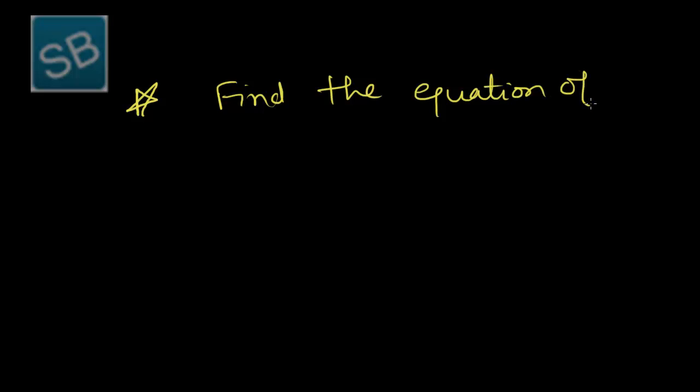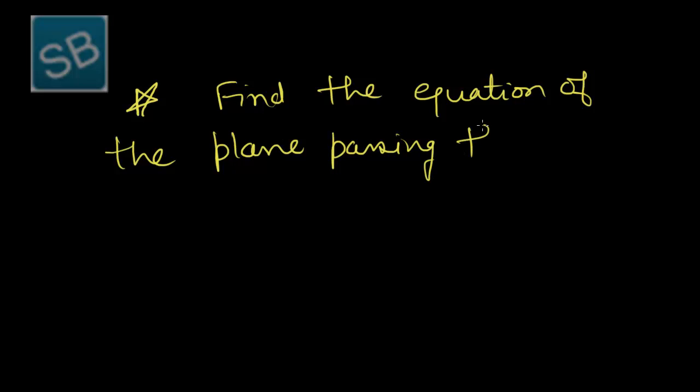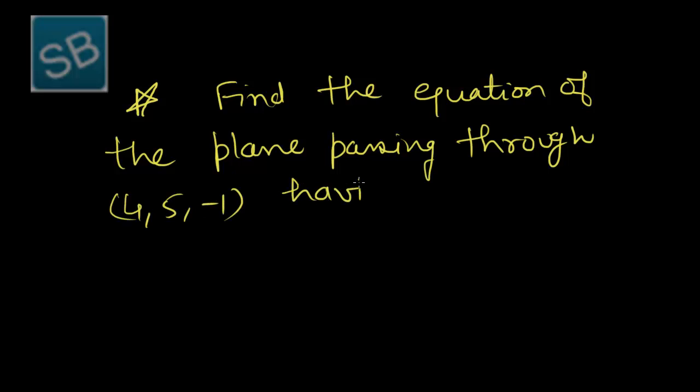Now we are going to solve problems based on the equation of a plane passing through a point and normal. So the problem is, find the equation of the plane passing through (4, 5, minus 1) having normal 3i minus j plus k.